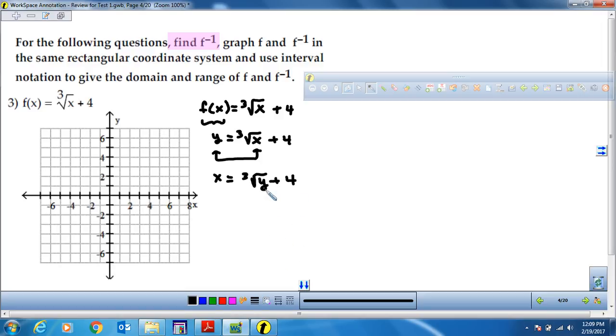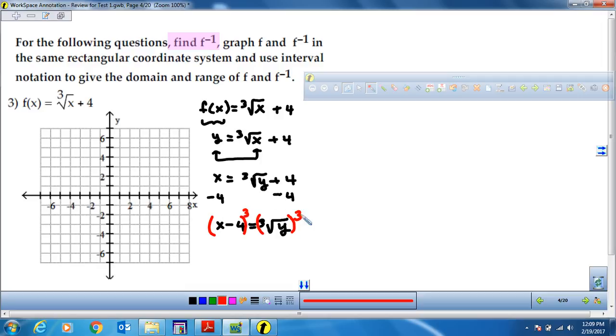And then we have to solve for y. Now in this one, we don't get the cube first, right? Because you see that there's a 4 on the outside, so we need to get rid of that 4 first. So that would be step 1 here to solve for y. So we subtract the 4 from both sides. So that gives me x minus 4 equals the cube root of y. And then remember that the opposite of the root is going to be the power. This one is a cube root, so if I raise it to the third power, that's going to eliminate the cube root.